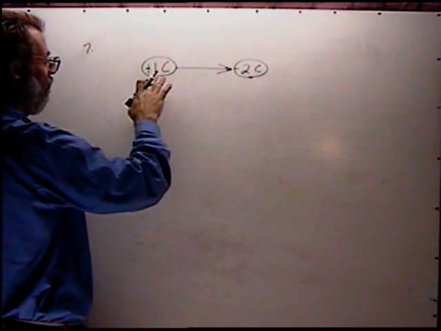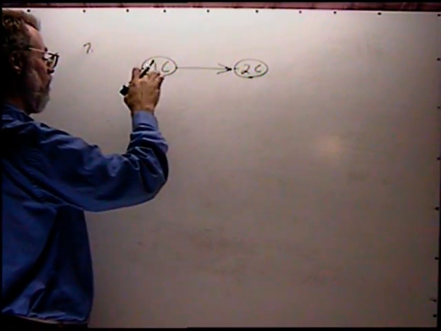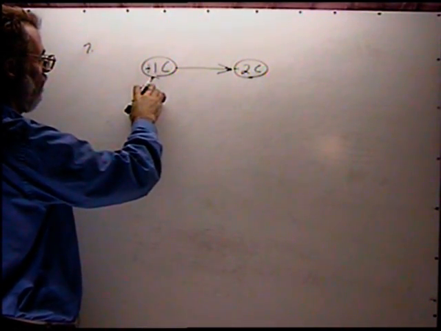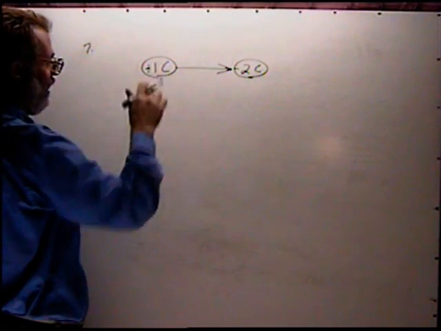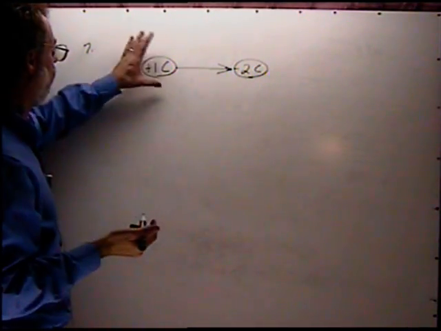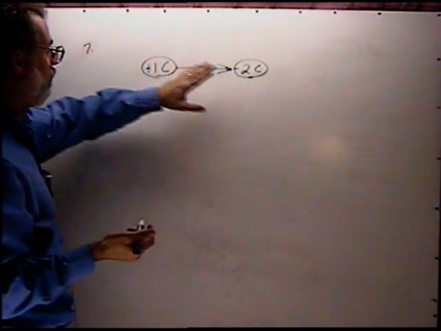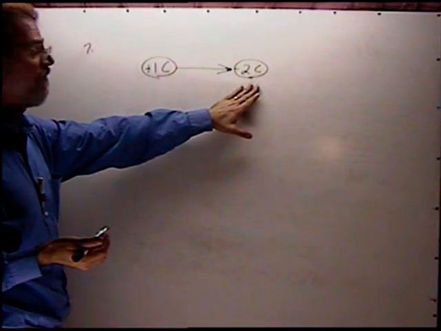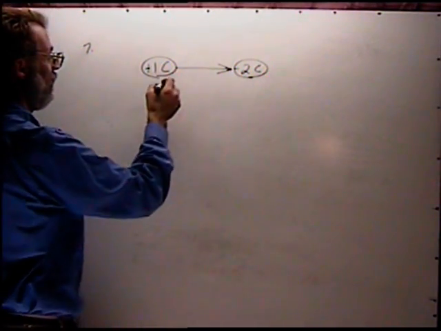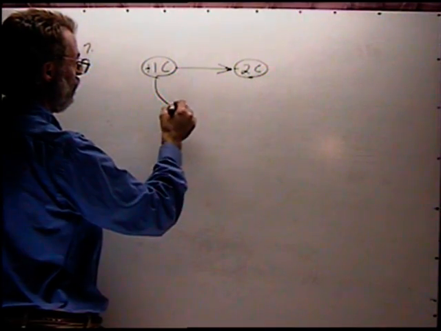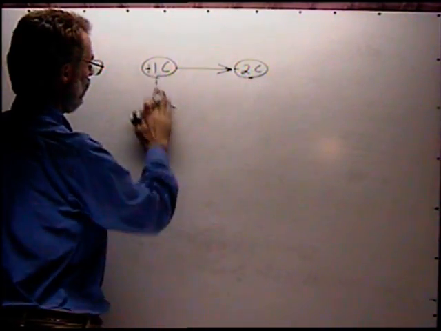If I draw, let's say 4, you just pick a number. If I pick 4 coming out of here, then there must be 8 coming into here. Or tell you what, I'll make it 3 and 6.